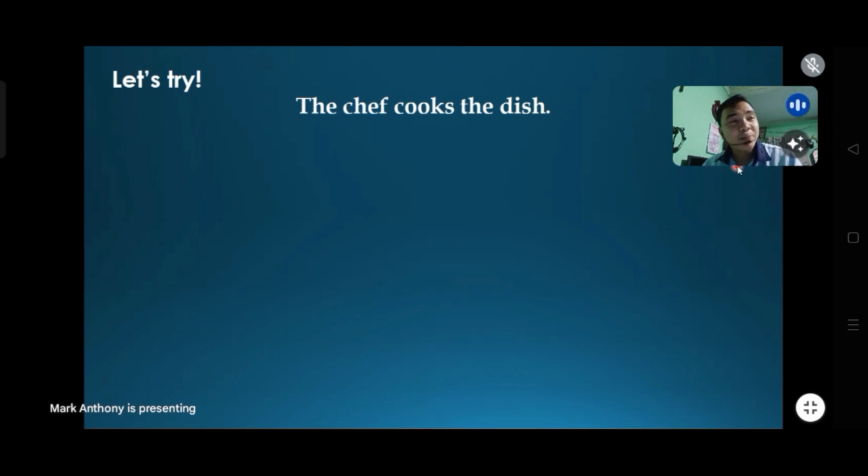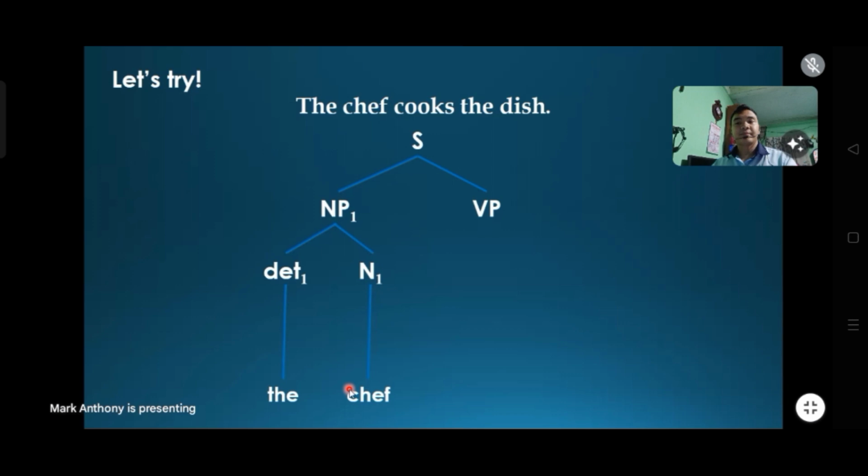And now I hope that you are done creating your own phrase structure tree, so let us begin. We have the S, which means the sentence, which again will be divided into its different subconstituents. We have the noun phrase 1 and the verb phrase. In the noun phrase 1, we have the determiner the and the noun itself, which is chef.